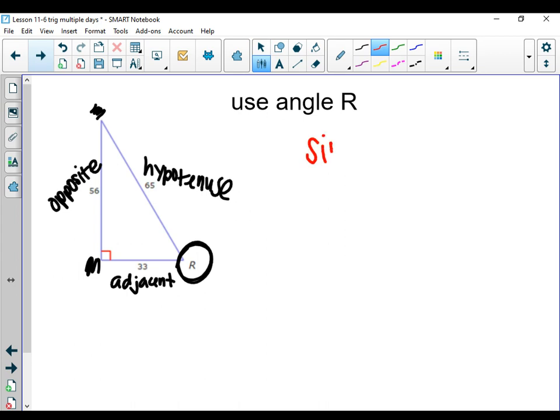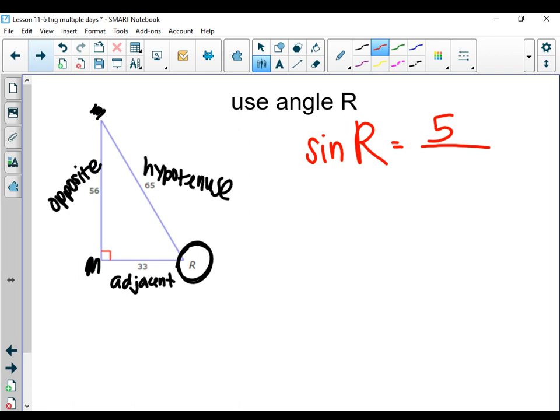Remember, sometimes they're going to put the angle in there. Sine of R, we're working on R. Weston, top of sine. Opposite. What did you write for opposite? 56.